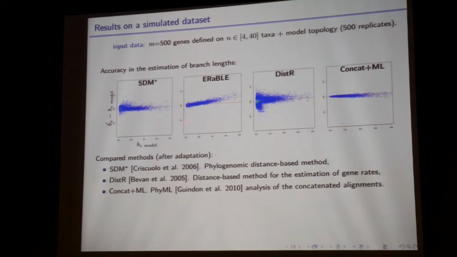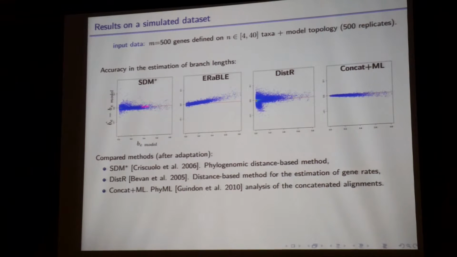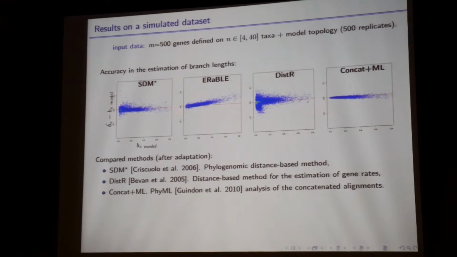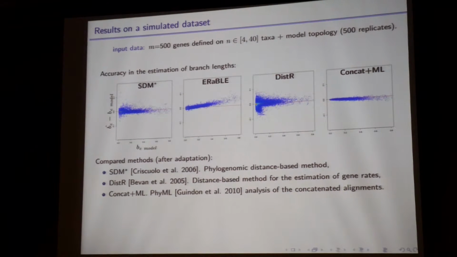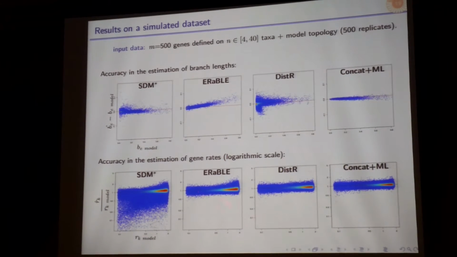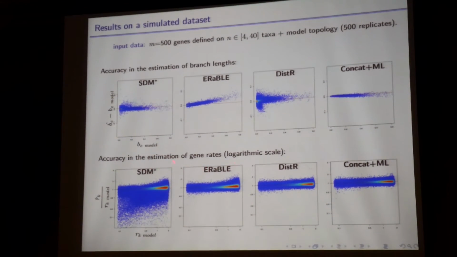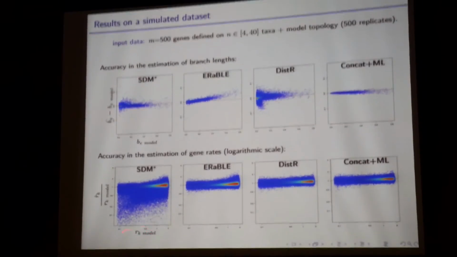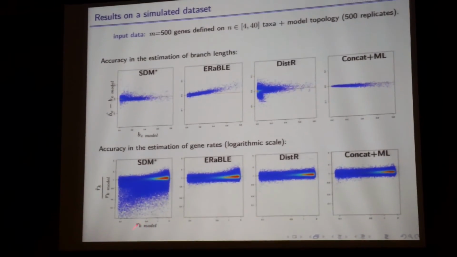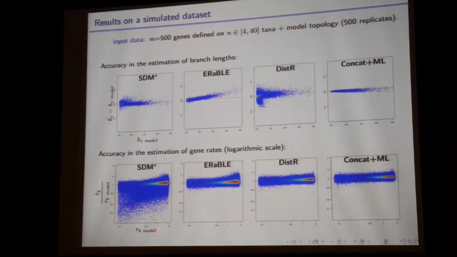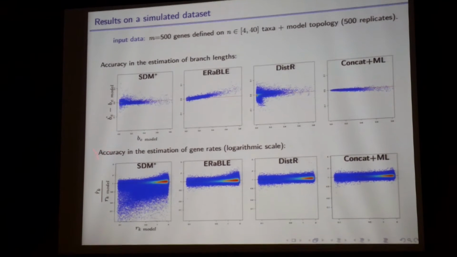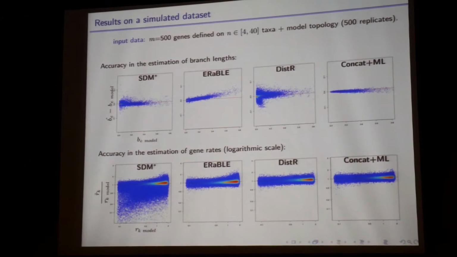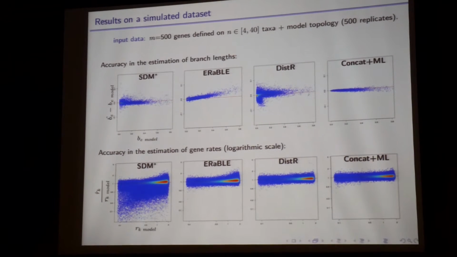So a method is good if it gives branch lengths close to the zero red line, with overestimated branch lengths above and underestimated ones below. We have also looked at the accuracy in the estimation of gene rates. In this case, we have the model gene rates in the horizontal axis, and the ratio between the estimated gene rates and the model gene rates in the vertical axis.